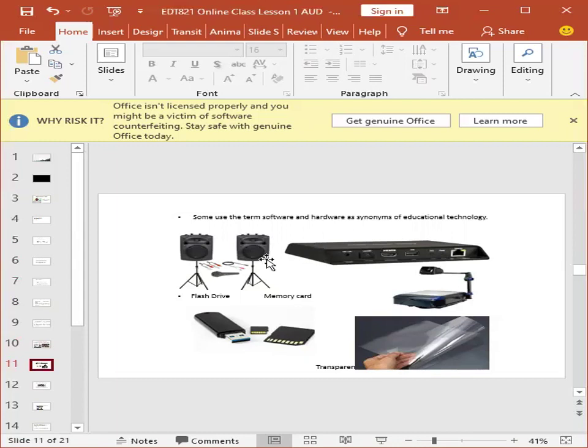We use a public address system to amplify information with this mic, or information that is stored in a flash drive, memory cards, CD, or other devices.